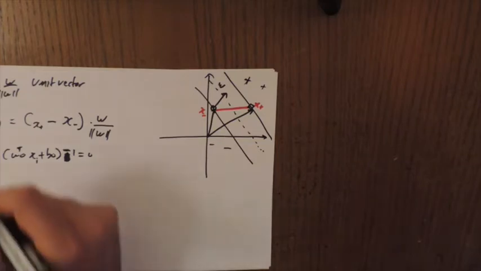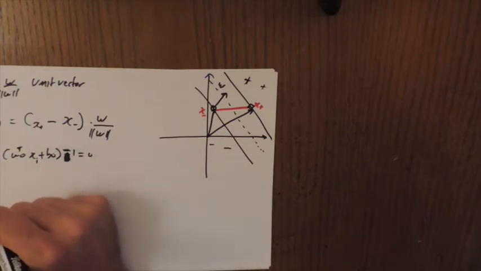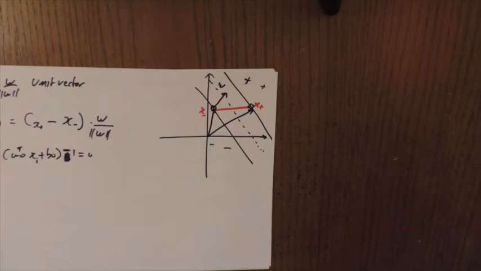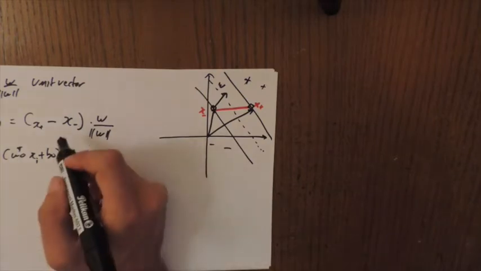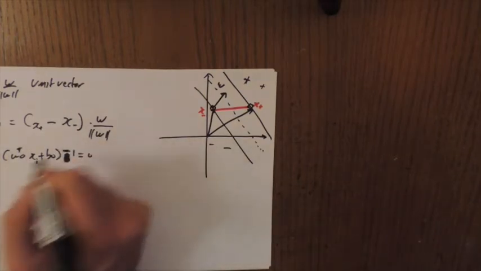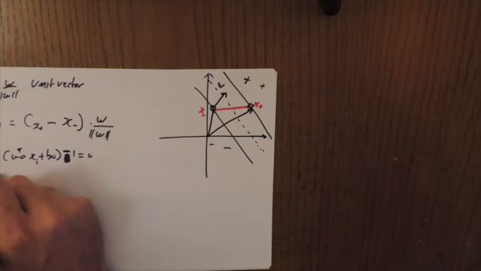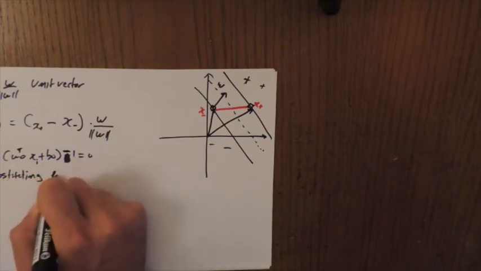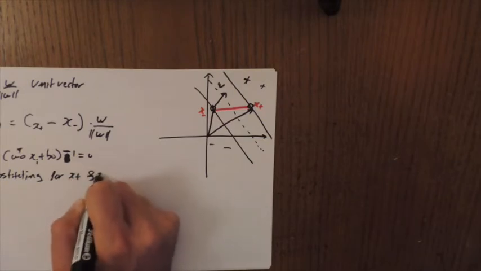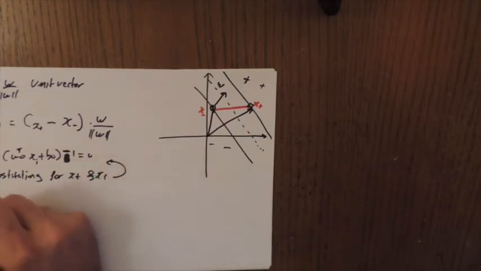Given that x plus is for di equal 1 and x minus is for di equal minus 1, substituting for x plus and x minus in this equation, we get those two.